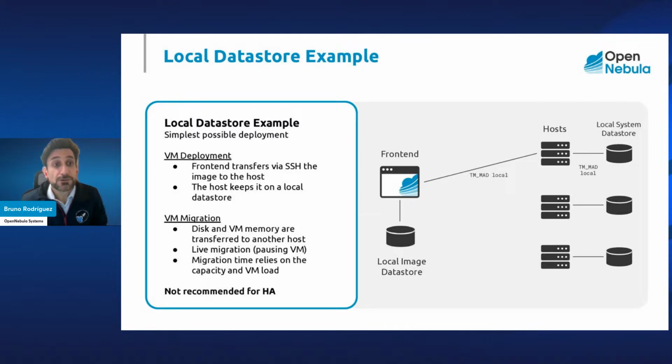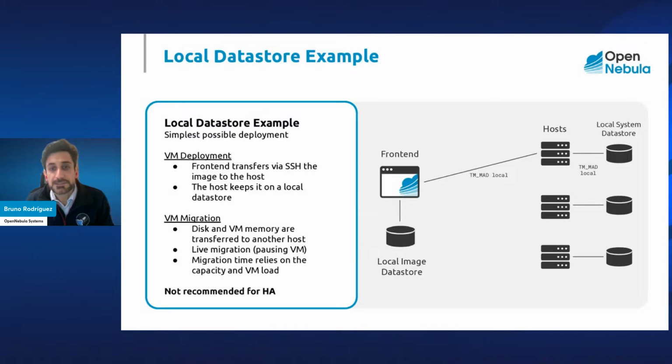So let's go for the simplest possible OpenNebula deployment, with local storage. Here, as we said before, the front end gets the golden image from the local image datastore. We are supposing that everything is local here. The transfer manager is called local, but actually it works in a secure way with SSH, and it transfers the golden image securely to every host.